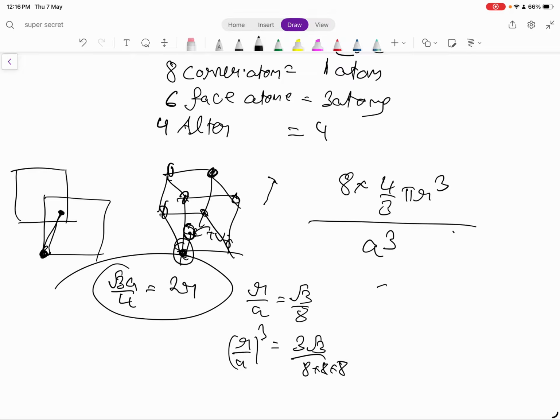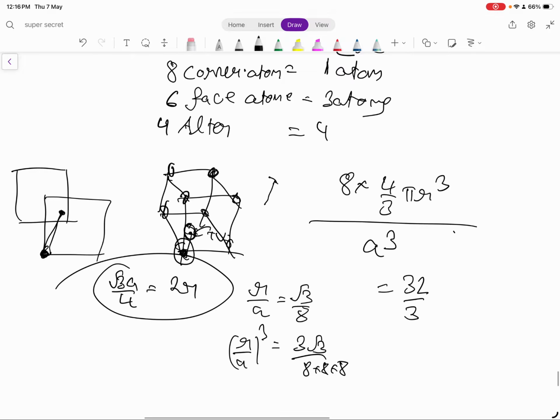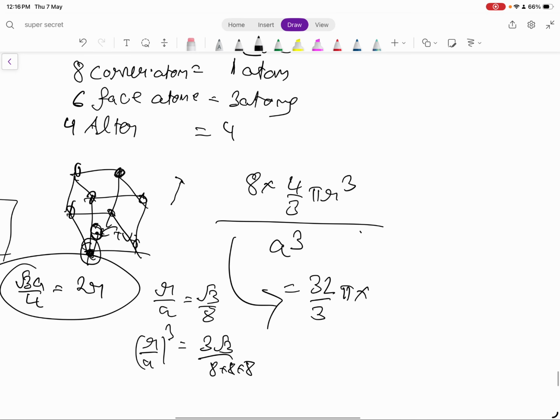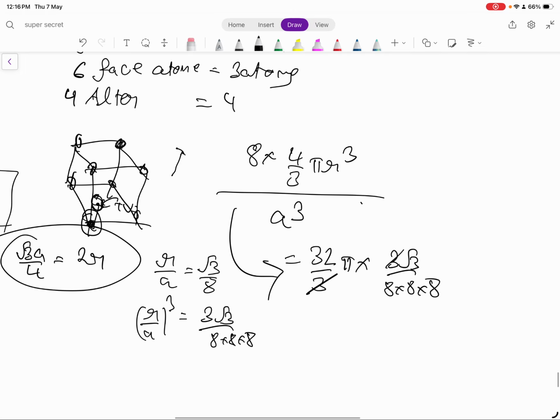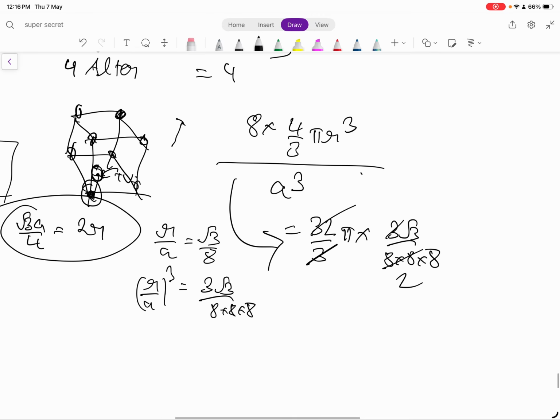So we have 32 by 3 pi into r cube by a cube, which is equal to 3 root 3 by 8 into 8 into 8, 3 gone, 8, this is 2. So we have root 3 pi by 16 into 100 is the answer.